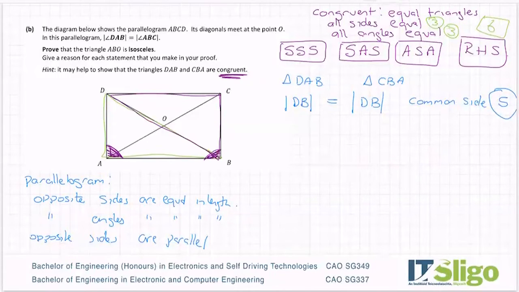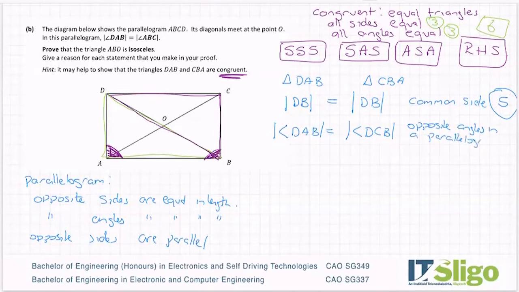Okay, so could I say that the angle DAB is equal to the angle DCB. Why? Opposite angles in a parallelogram are equal.